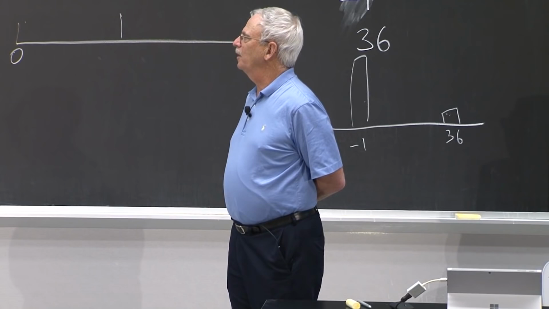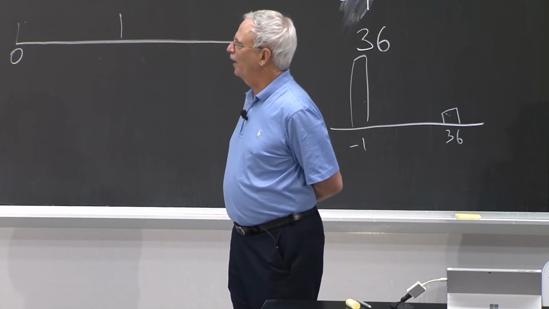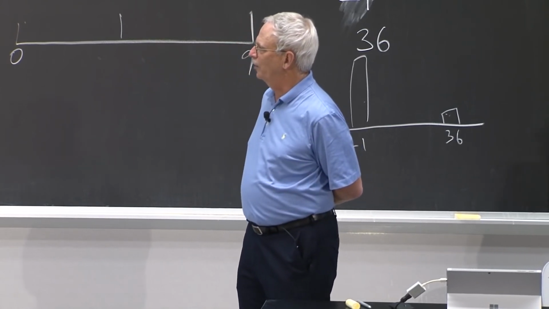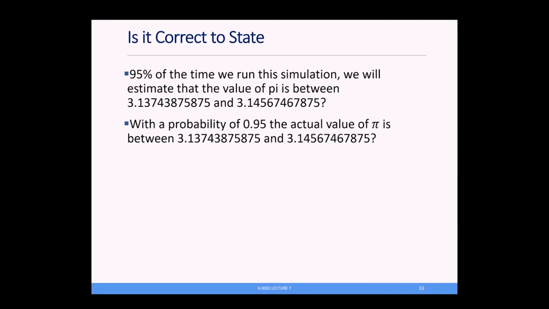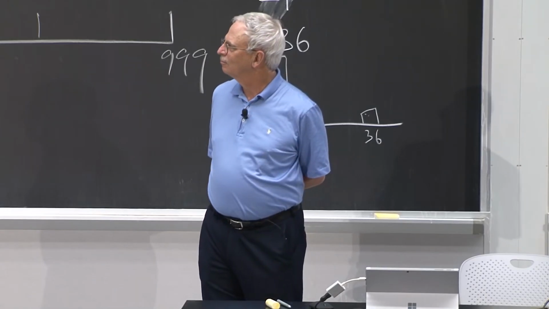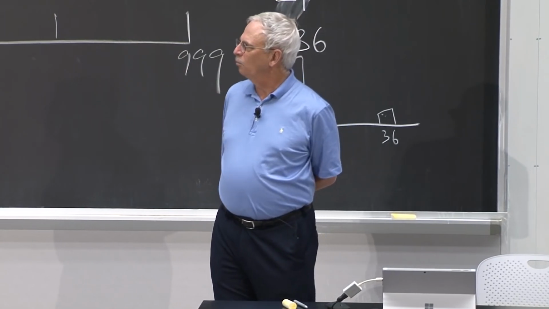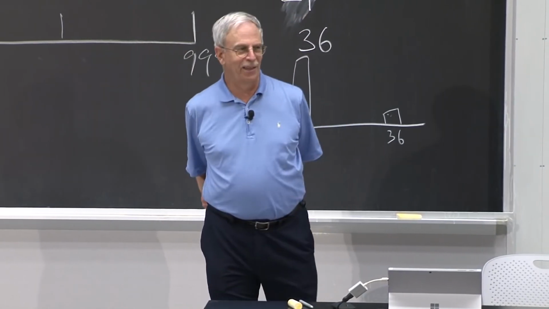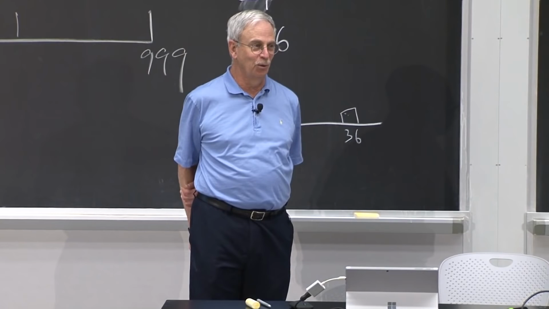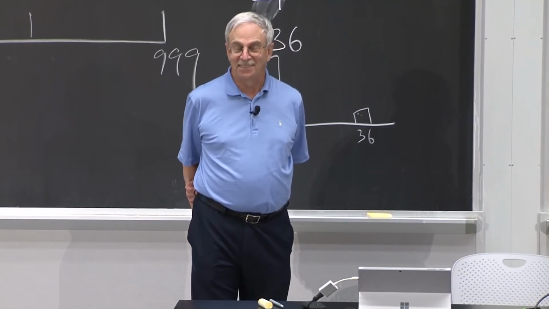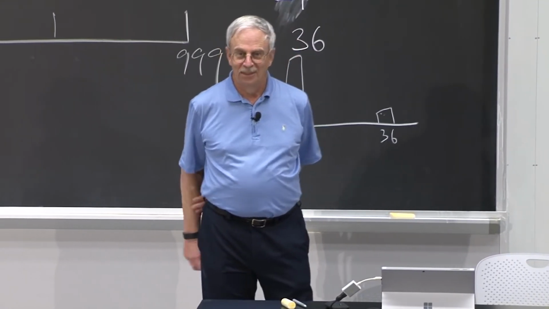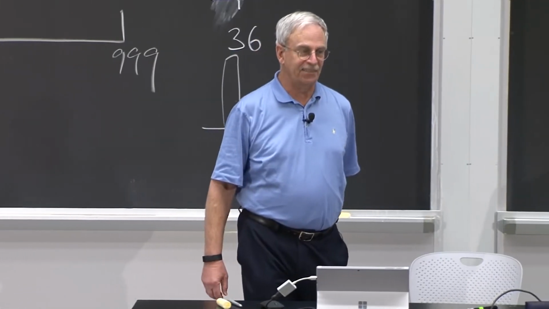With a probability of 0.95, the actual value of pi is between these two things. Is that true? In fact, if I were to say with a probability of 1, the actual value of pi is between those two values, would it be true? Yes. So they're both true facts.